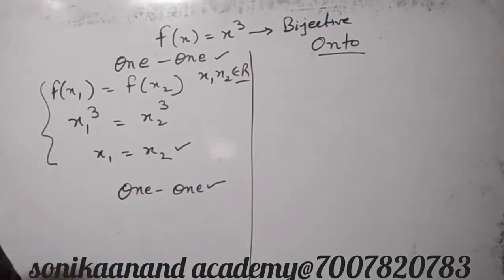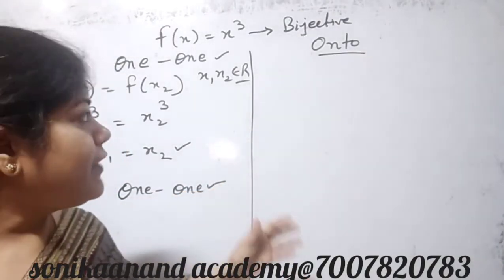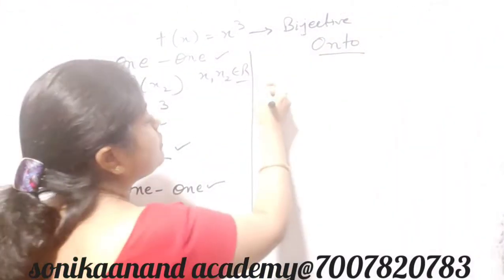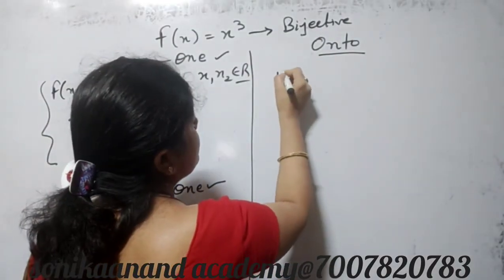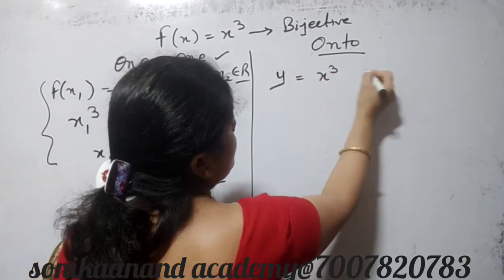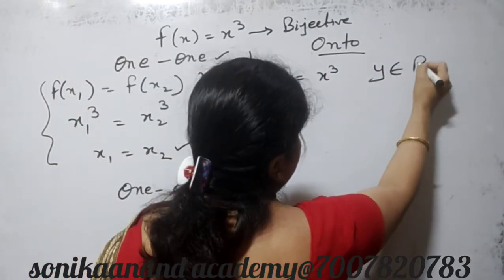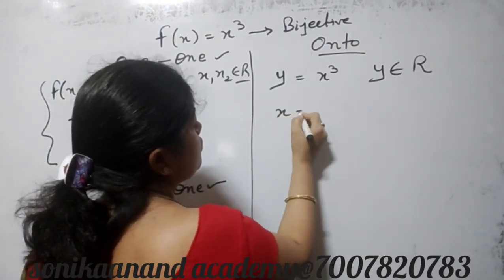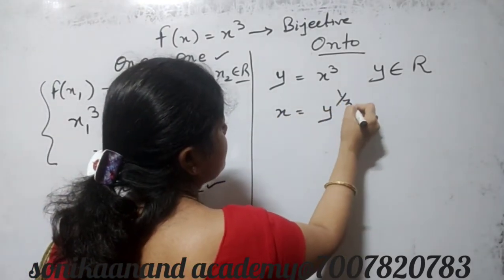Okay. Now we should find out whether this function is onto or not. So for onto, we take y is equal to x cube where y belongs to R. When we solve, x is equal to y to the power 1 by 3.